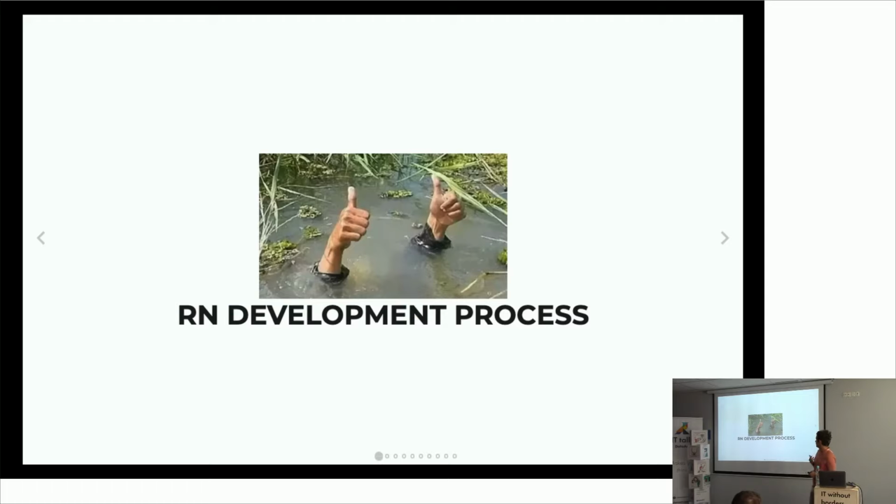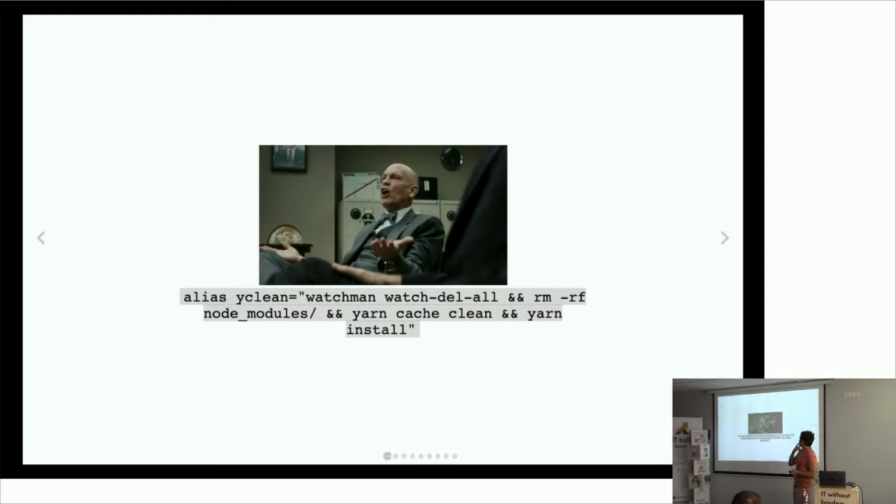Let's go to the development process, and you can ask me what the hell is that. So basically, I can read it for you. That is my alias, which says watchman delete all, then delete the node modules, then clear the cache of yarn, and then yarn install.